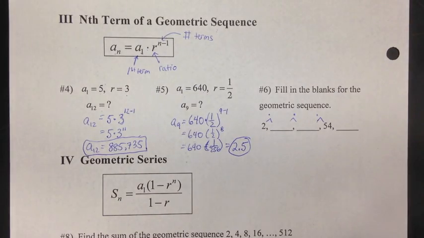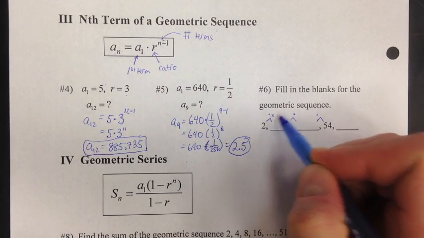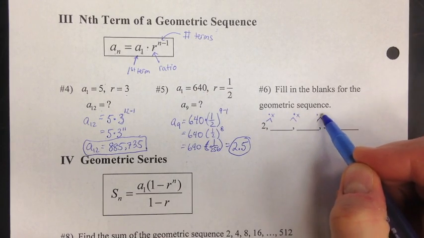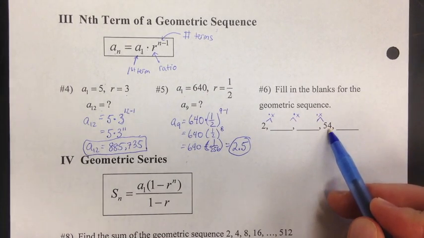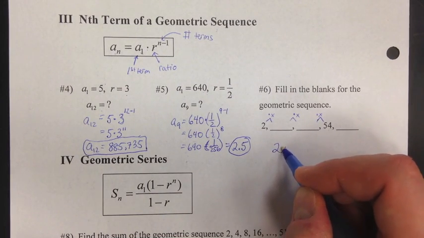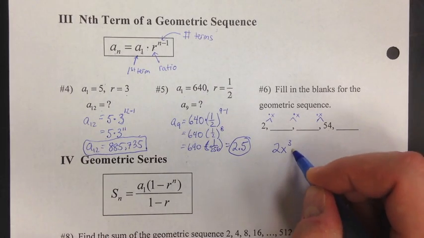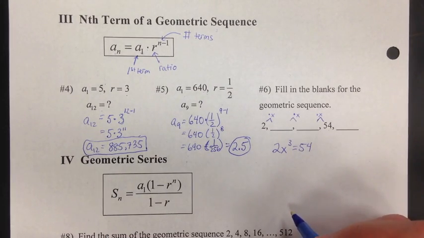So can we figure out what that ratio is, what that number is that we keep multiplying by? You could start by thinking of it as x times x times x to get 54. So starting with 2, we multiply by x to the third. X times x times x equals 54.